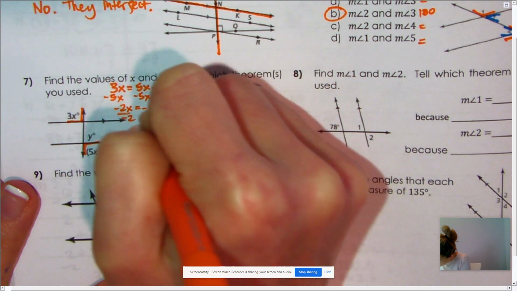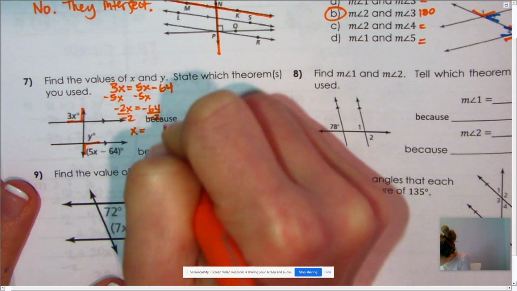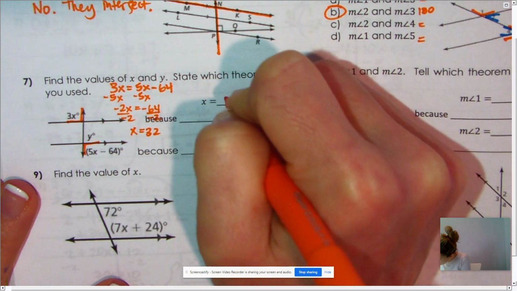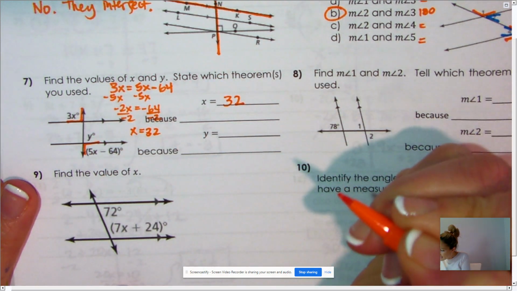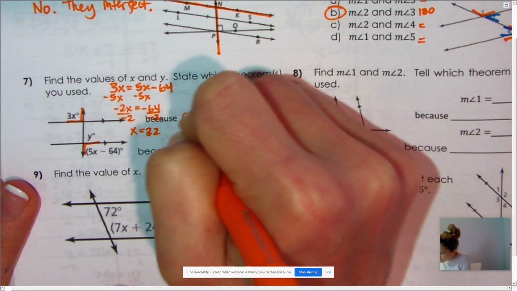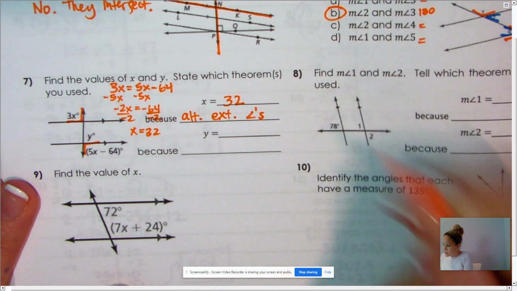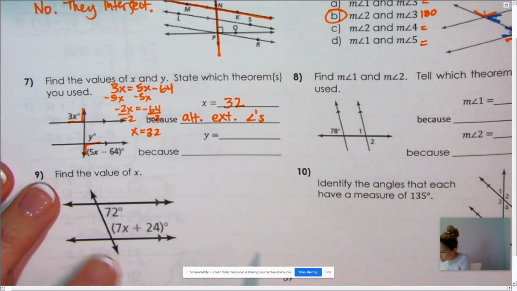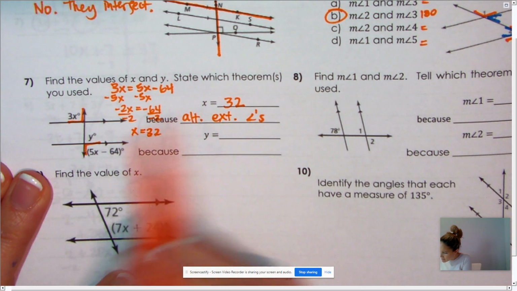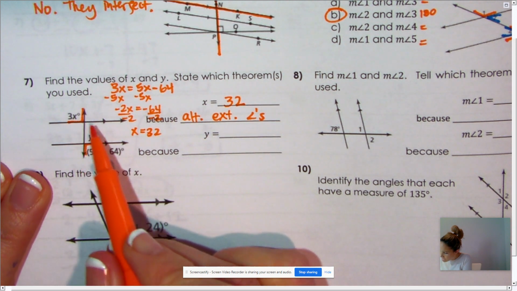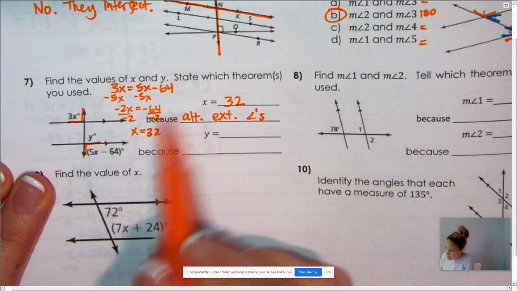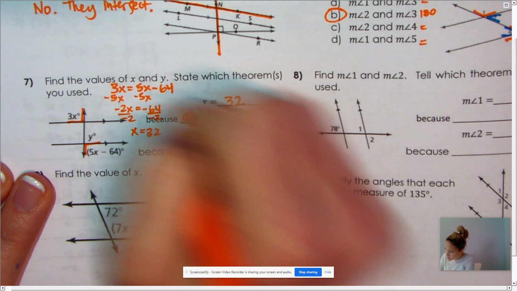If I divide by negative 2, I get x is equal to positive 32. Because of alternate exterior angles.